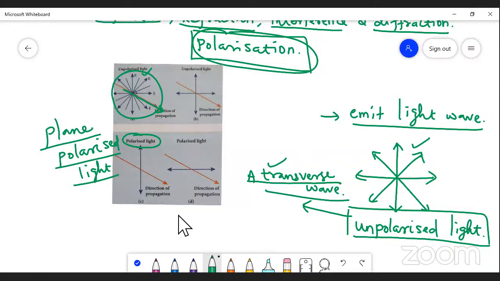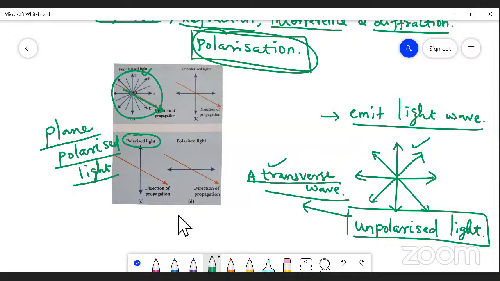So once again I repeat, unpolarized light is nothing but a transverse wave. It consists of vibrations in all possible directions in a plane which is perpendicular to the direction of the propagation of a wave. It is also defined as a light wave consisting of electric field vibrations in more than one plane, which is called unpolarized light.